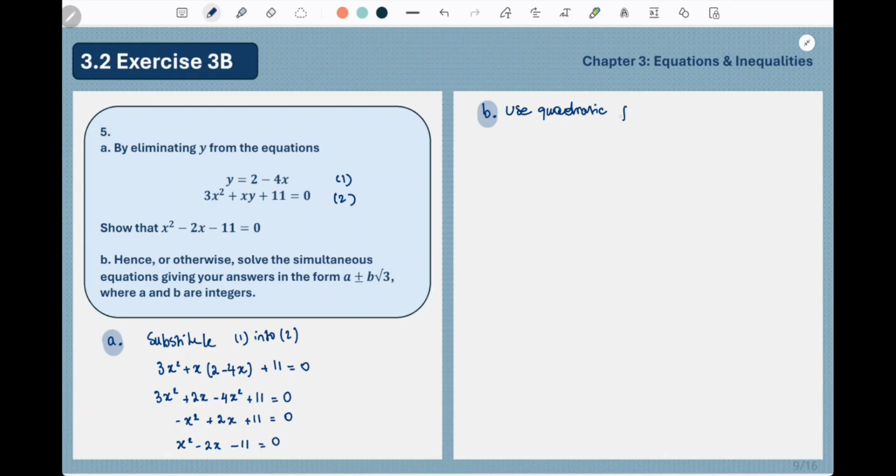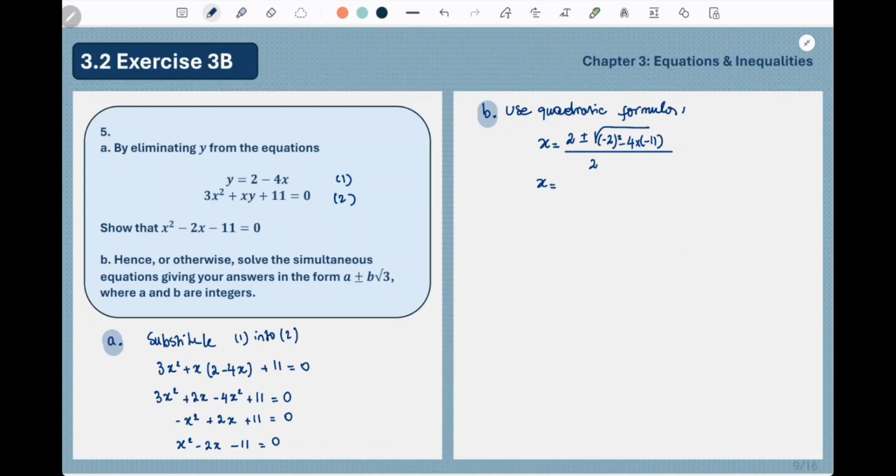I believe everyone is familiar with the quadratic formula. If not, I've got a video on that. You can check it out. So x is equal to, b in this case is minus 2, so 2 plus or minus the square root of 2 squared minus 4ac, so minus 4 times 1 times minus 11, over 2 times 1, which is 2a, so it just remains as 2.